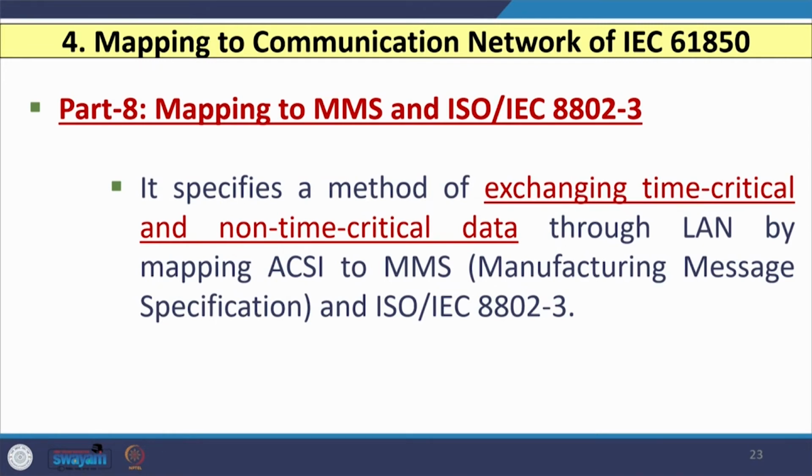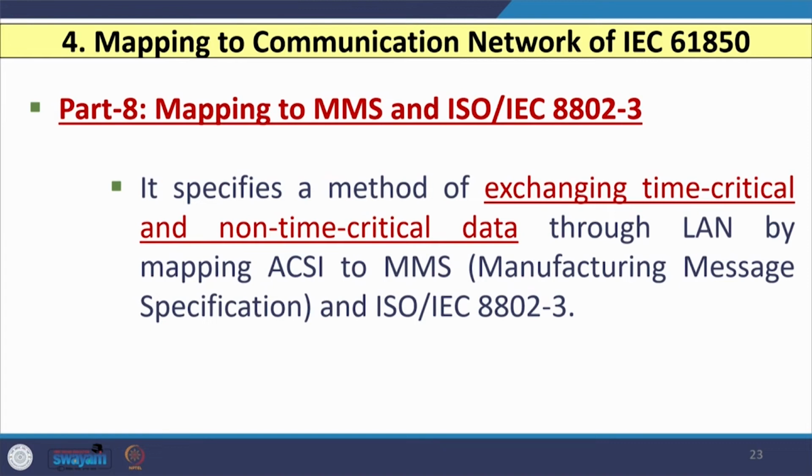It specifies a method for exchanging time critical and non time critical data. Normally, time critical data are those used for protection functions, maybe acquired directly, maybe raw samples, or maybe the status of circuit breakers. Non critical data are maybe some reporting data or some measuring data. Those are non time critical data.